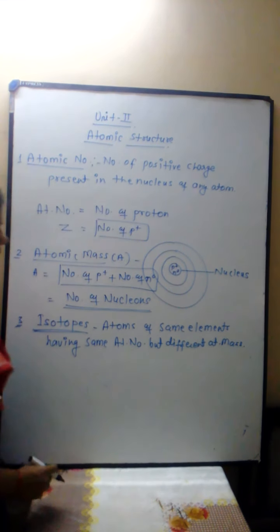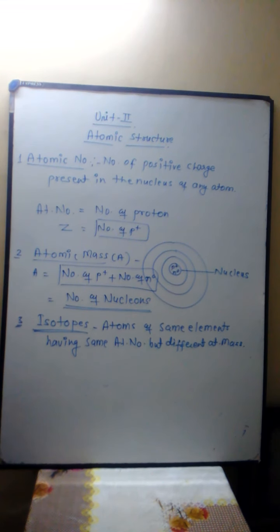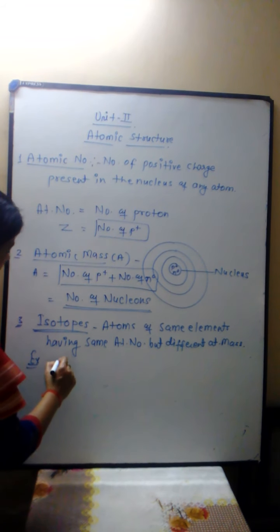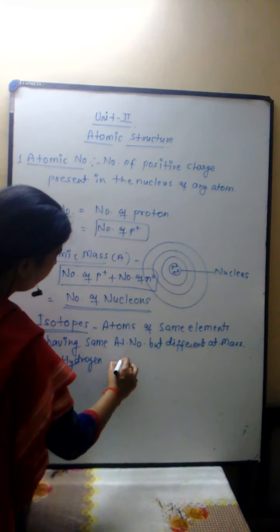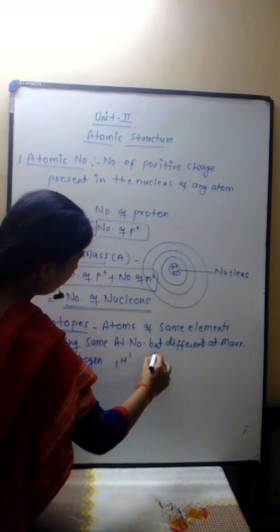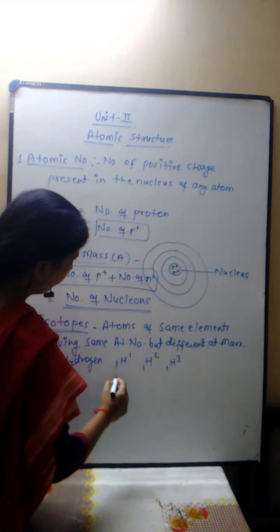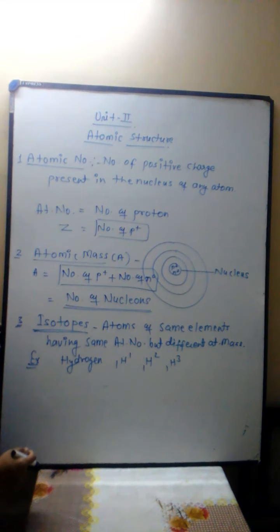For example, hydrogen has 3 isotopes: protium, deuterium and tritium, 1H1, 1H2, 1H3.